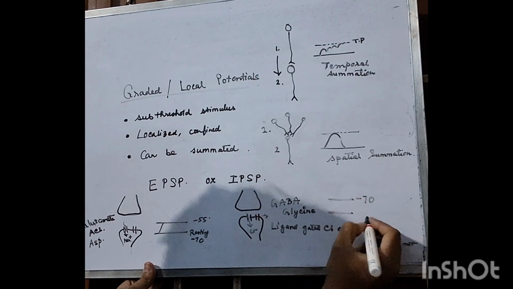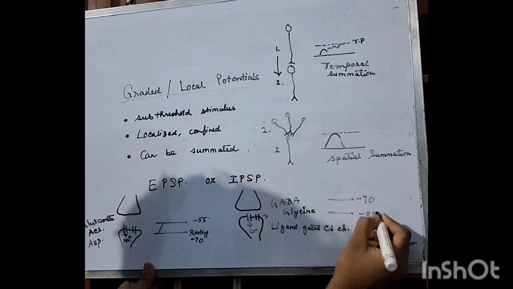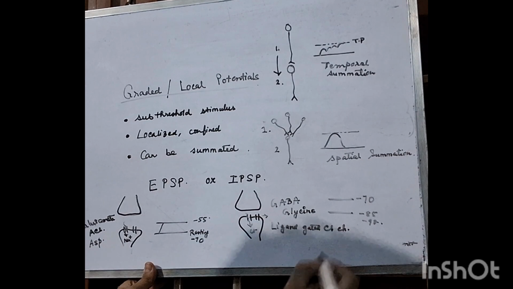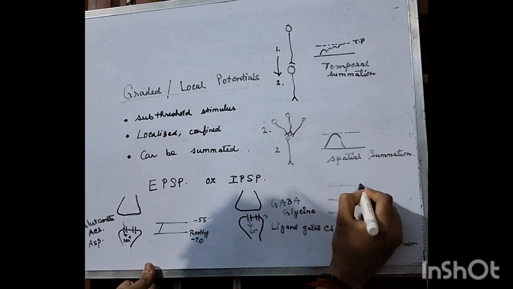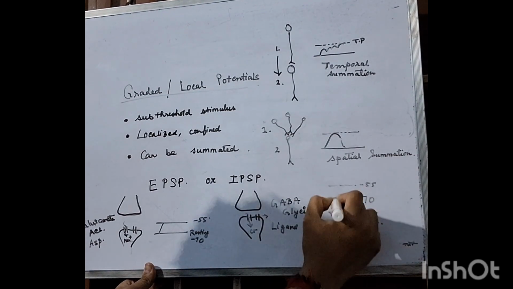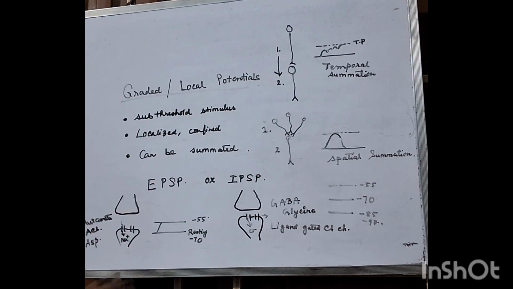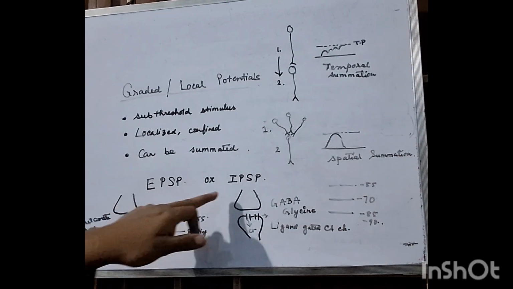So from -70 it probably becomes -85 or -90. If the threshold is somewhere like -55, it will actually bring it farther from the threshold. So the graded potentials can be excitatory or inhibitory.